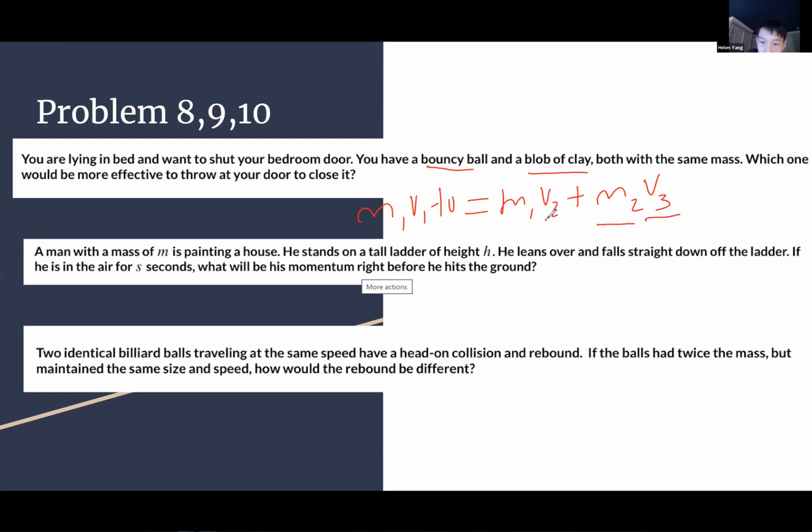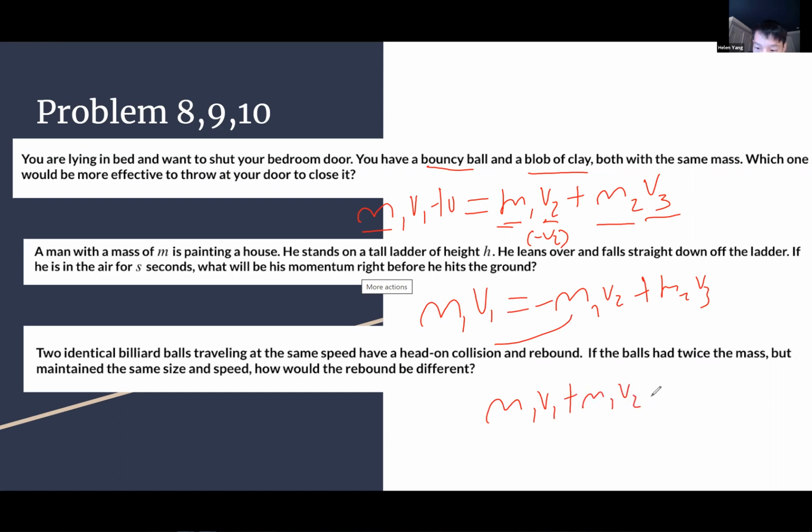So V3 is the velocity the door is moving, and V2 is the velocity the bouncy ball has when it comes back. And another thing to note is that the velocity, since it's coming back, is going to be negative, since it's bouncing backwards. It's going to be negative V2. So you can write it as M1 V1 equals negative M1 V2 plus M2 V3. If you move this to this side, it'd be M1 V1 plus M1 V2 is equal to M2 V3.